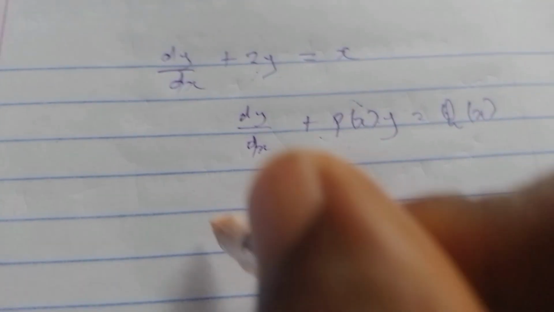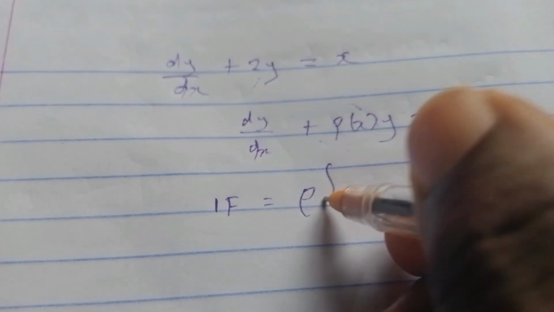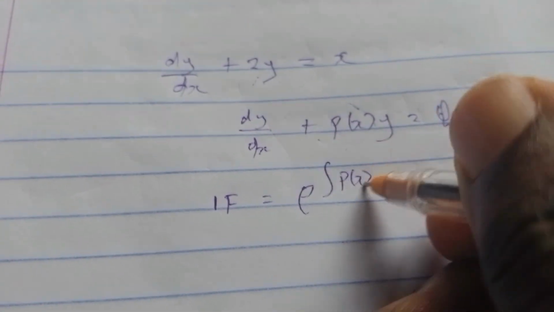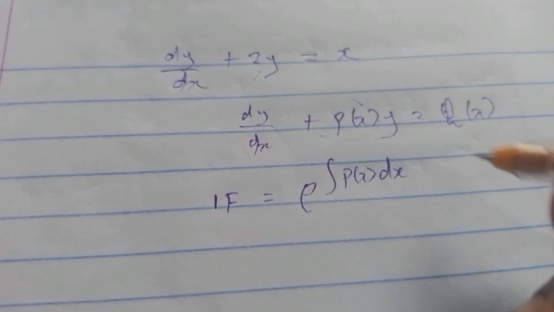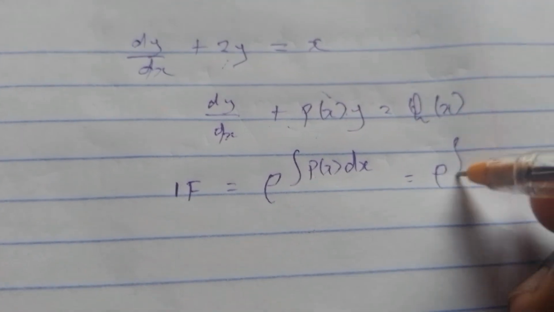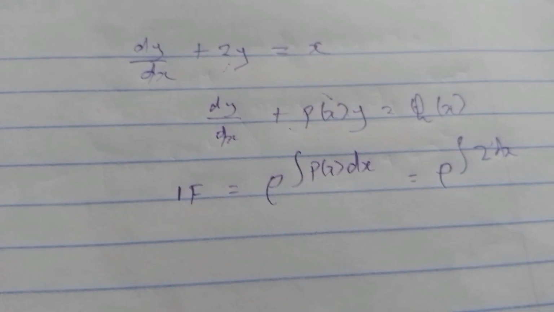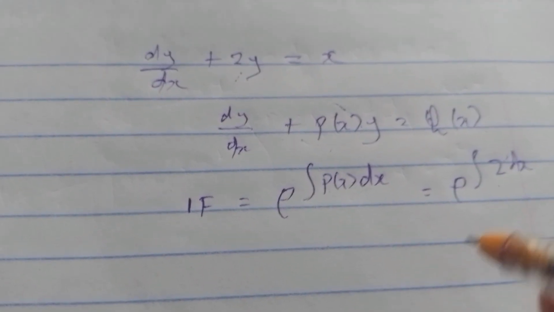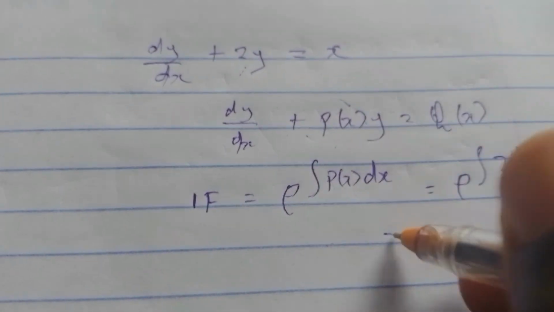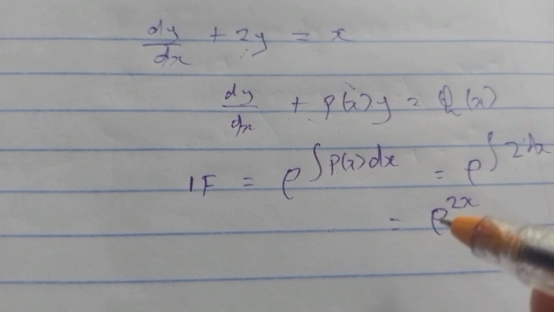So it means that our integrating factor is equal to exponential integral of what? p of x dx. You must memorize this equation, which is equal to exponential integral of p of x, here 2 dx. And if you integrate 2, you are going to get exponential 2x. So exponential 2x is our integrating factor.